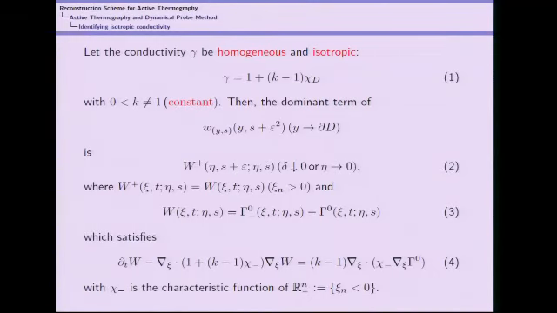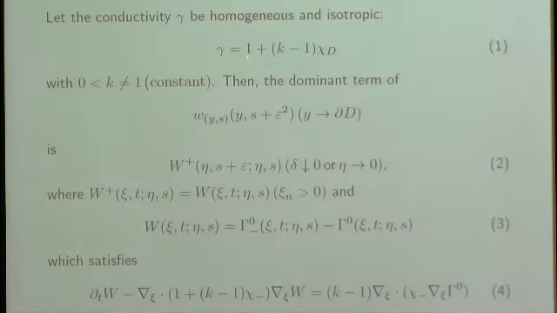What I mean by isotropic is the following. The conductivity gamma is a scalar, and I also assume this conductivity is homogeneous. So K is just a constant. And I assume K is positive and different from 1.